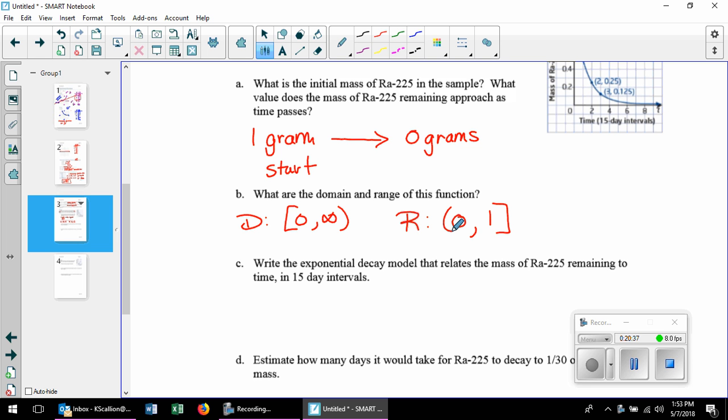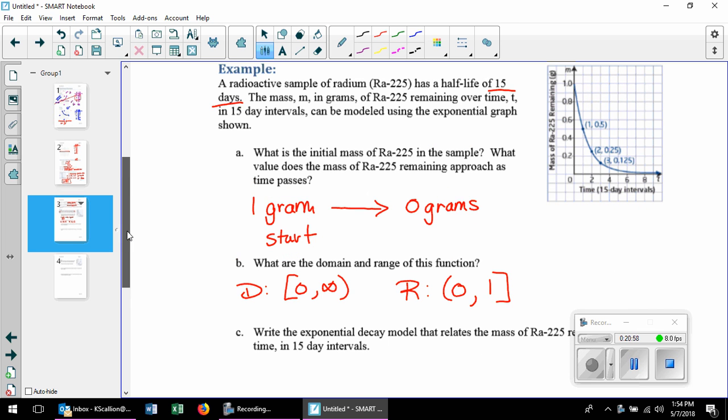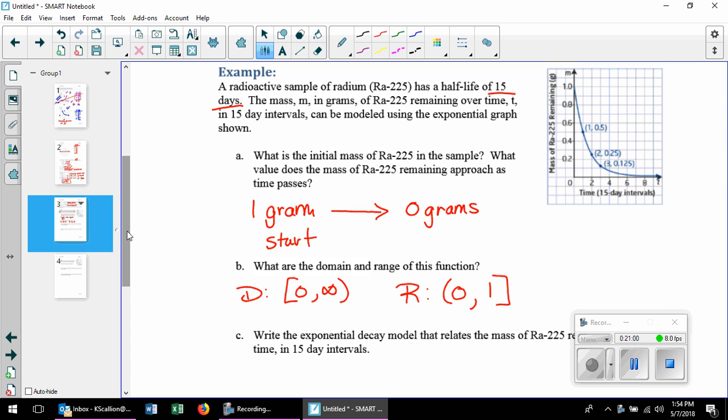Write the rate of exponential decay function that relates the mass of the radium to the remaining time in 15-day intervals. So what it's asking you to do is create an equation. Half-life, what's your base number? Again, if we go over here to our equation, we said if you look for when x is 1, this would give me my base number.